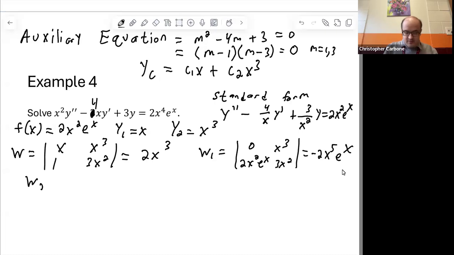And for w sub 2, this one gives x, 0, 1, and 2x squared e to the x. So this determinant is 2x cubed e to the x.